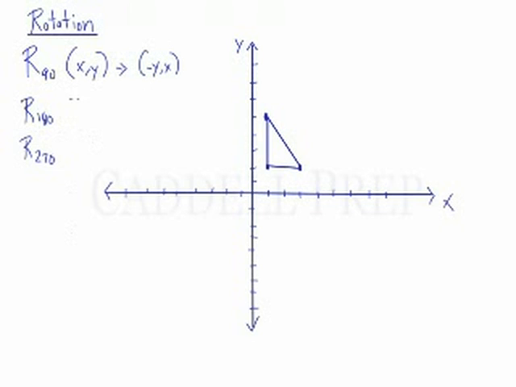To rotate 180 degrees, we take our x, y and change it to negative x, negative y. To rotate 270, we take our x, y and change that to y, negative x.